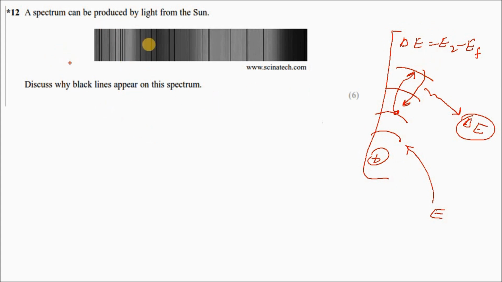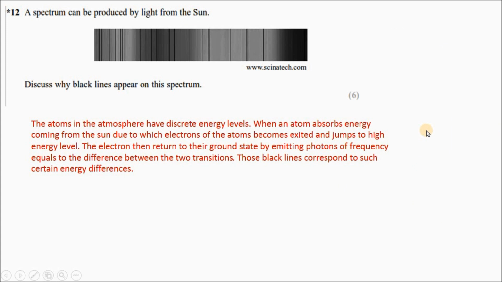Here what is happening: the light coming from the sun enters our atmosphere, and our atmosphere consists of different types of molecules, and then these molecules or atoms absorb the sunlight, and the electrons in the atom absorb this energy, go to a higher level, and then jump back and emit energy, depending on the difference of the two levels. And because there are certain energy levels, we have certain different frequencies for black lines. That's how you can incorporate and write it.